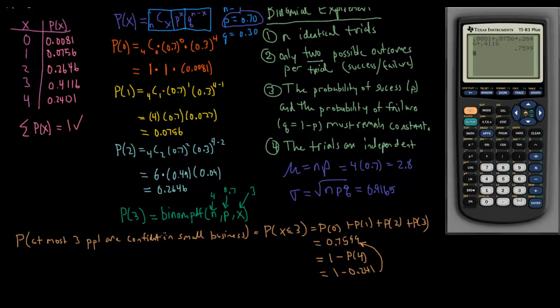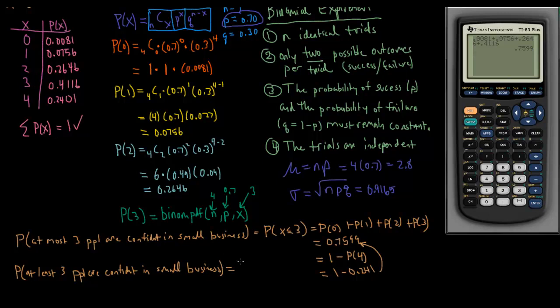Okay? So let's do one more. Let's say the probability that at least 3 people are confident in small business. Okay, at least 3.